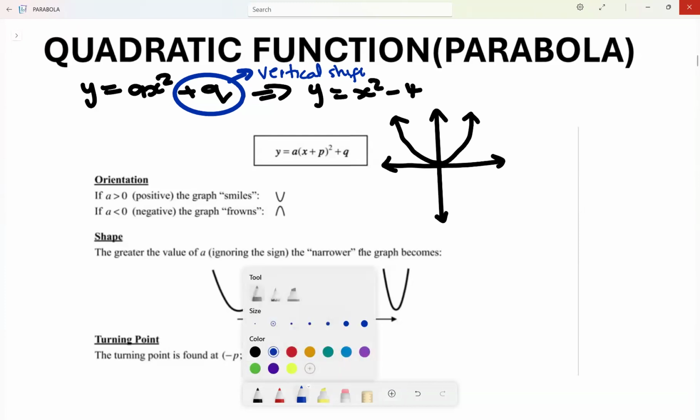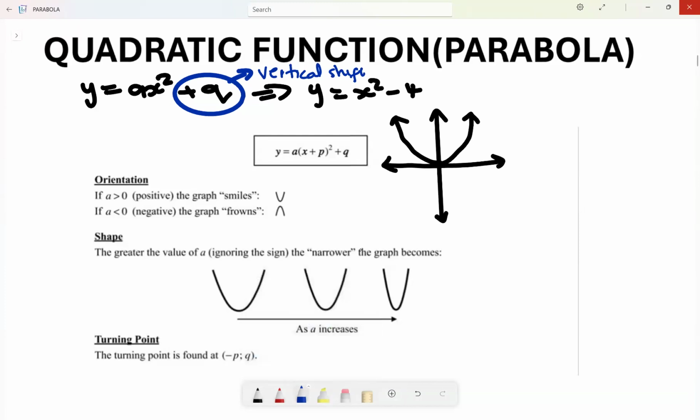So if it is minus 4, it will now cut at negative 4 somewhere here. Then it will do the very same thing, but it is now different because it is minus 4. If it was plus 4, it was going to come here.